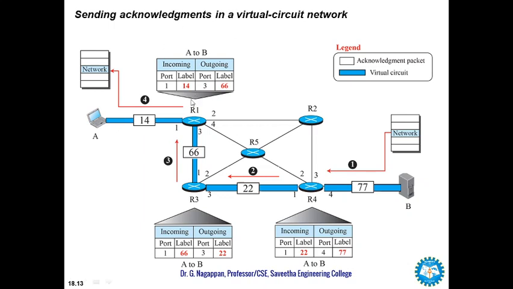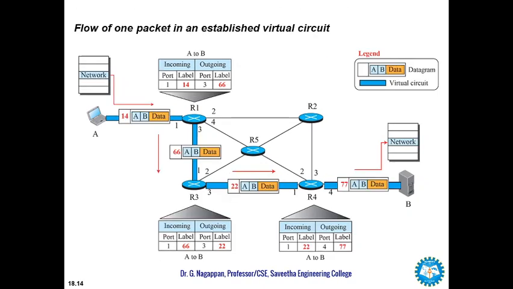Finally, router R1 sends an acknowledgement to the source A that contains its incoming label in the table chosen in the setup phase. So now the source uses this as the outgoing label for the data packets to be sent to destination B. So this is called the establishment of virtual circuit.